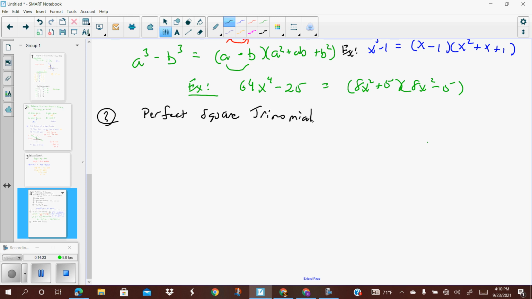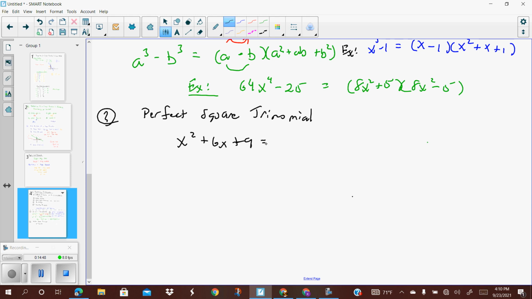So a trinomial just means that it has 3 terms in it, as we've been using. So let's say that we have x squared plus 6x plus 9. Okay, this is a perfect square trinomial. And there is a way for us to be able to figure this out, whether it is or not.